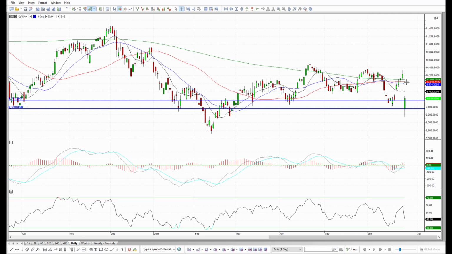Now we've got a huge market gap here, so what I want to do again is to mark my fib study in between the two. We can see that these levels don't really tie up with any particular fib level at the moment, but if we look at it a little bit more closely, we could also see just around that 50% mark, if the 50% retracement was here, you can also see that it clusters with these previous lows, which has also been support and resistance in the market.